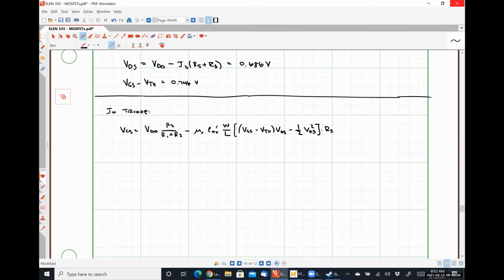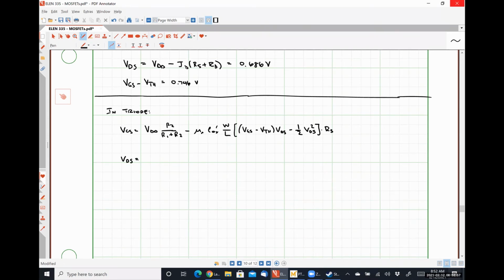So here we have one equation with two unknowns, so we could take a guess at what we expect VGS to be or VDS to be, and then do an iterative process to figure out what the other one is. To do that, though, we'd really need a second equation, so I'll go ahead and write that guy down as well.